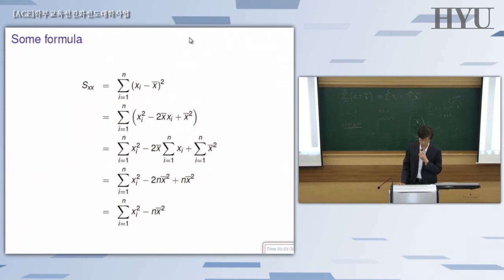Like we did before, using the distributive property of summation, you can distribute the summation sign to each of the three terms inside the bracket. The first sum is the summation of x sub i squared. The second is the summation of the second entry. We know twice the sample mean is completely free of the index i, so you can pull it outside the sum and write it as twice the sample mean multiplied by the sum of all the x's. Then similarly distribute the summation to the last entry, which is the squared sample mean.